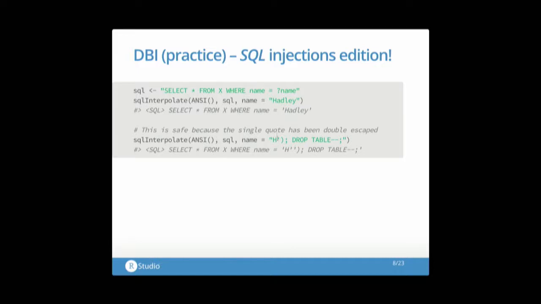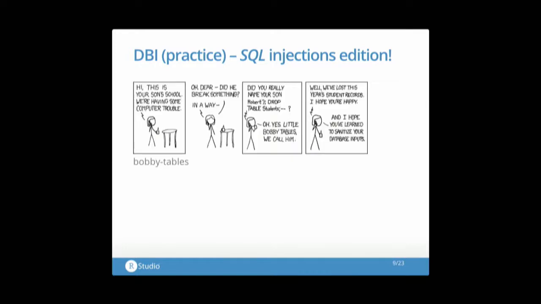So in this case, even though the string here is asking for a name, a user can do this, and if you're not escaping this correctly, this can cause your database to lose a whole table. So this has been a problem ever since relational databases have existed. And the whole point here, the punchline of this comic, is that you need to sanitize your database inputs, and DBI has a lot of functions for that. So keep that in mind.